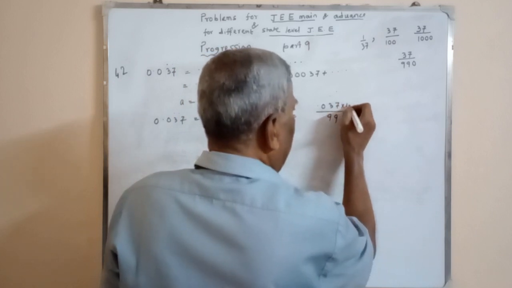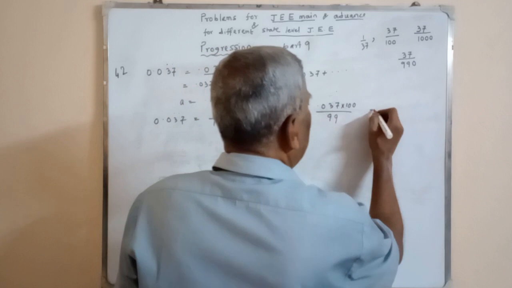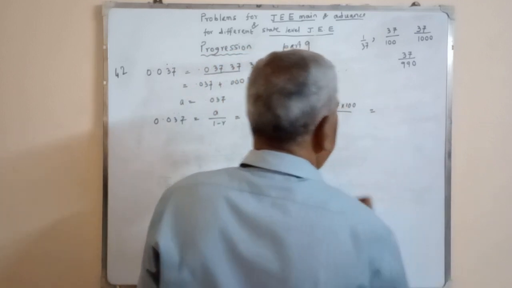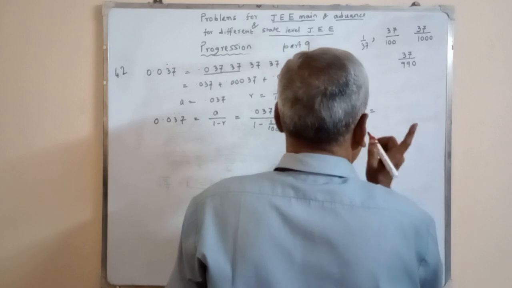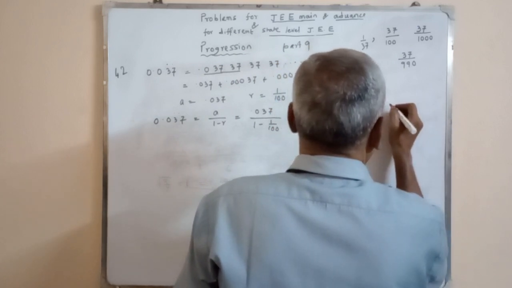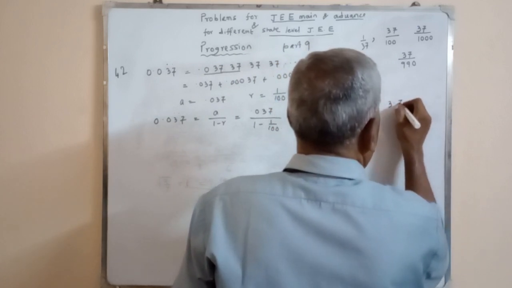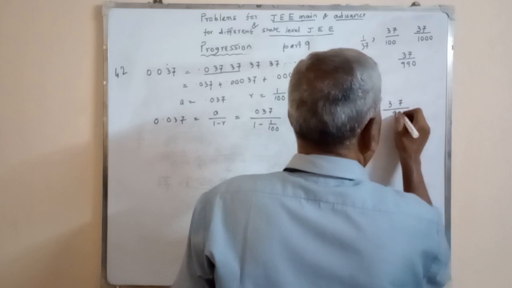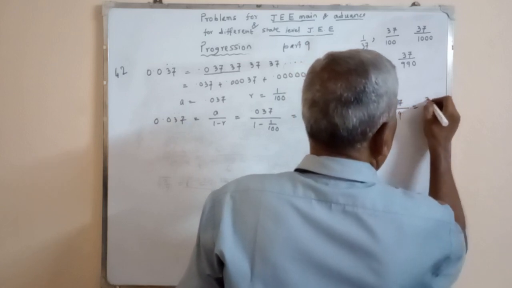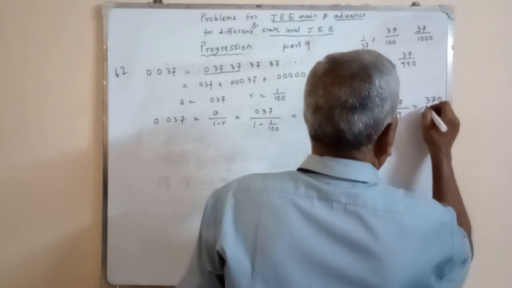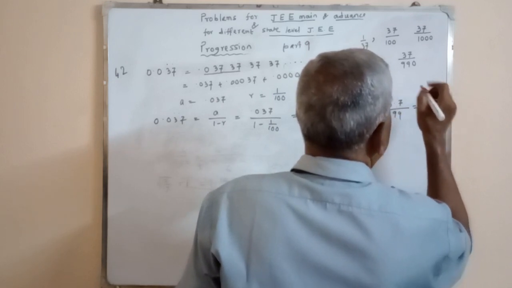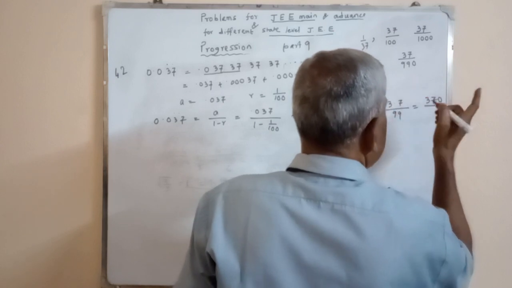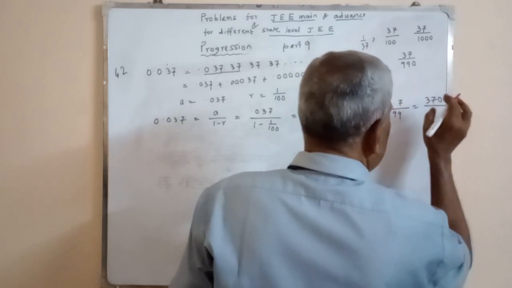That 100 I write here, so it is shifted, and it is equal to 3.7 divided by 99, so it is equal to 370 by 9900.